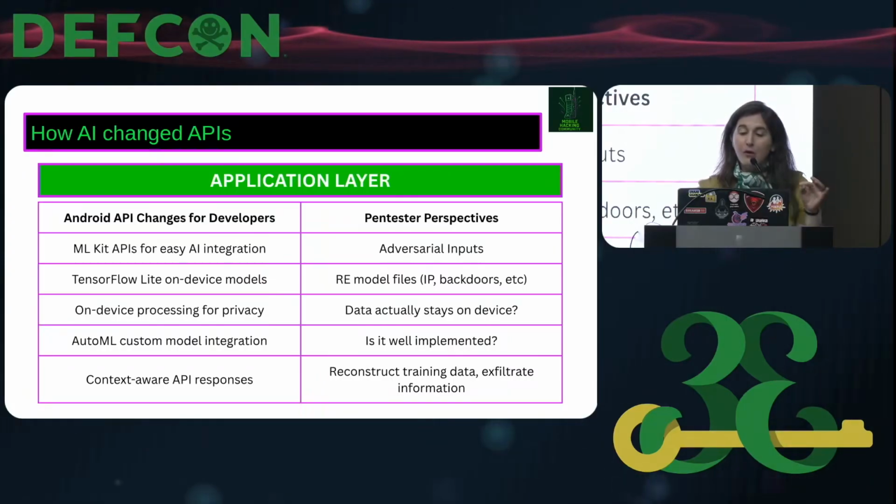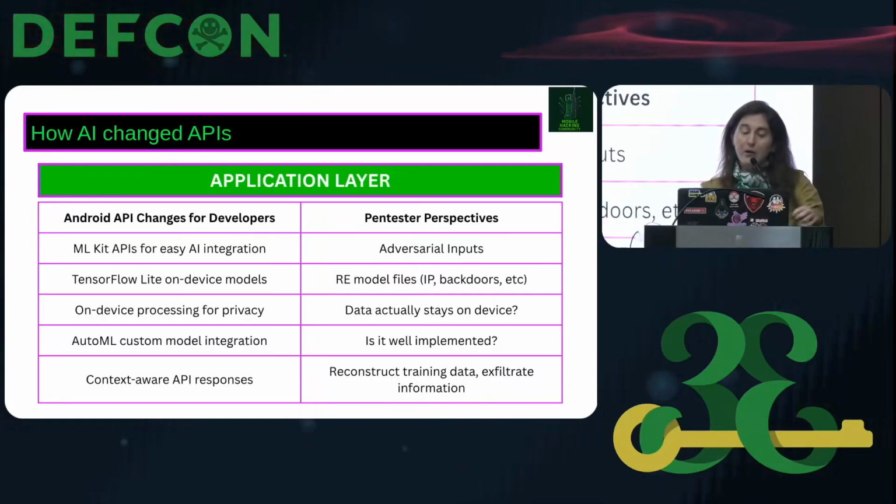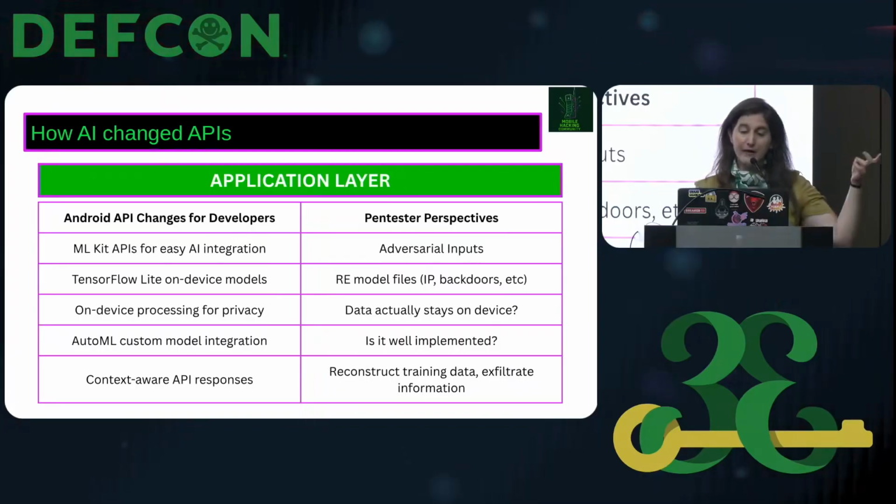Now, one of the biggest shifts has been the move from cloud to what we call edge processing, as I presented before. In the past, if you wanted to use AI features, your app would send data to Google servers, process it there, and then send the result back. But now, a lot of this happens on your phone.